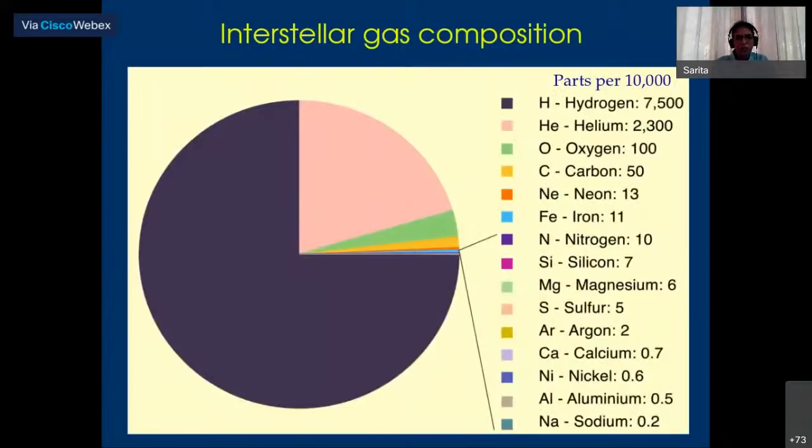And the interstellar gas composition, we have already seen in some detail. Mostly it is hydrogen and some bit of helium. And then you have even smaller traces of other heavy elements or metals: oxygen, carbon, neon, and so on. As we have seen in the first lecture, all these heavy elements come from various processes in the stellar interiors.